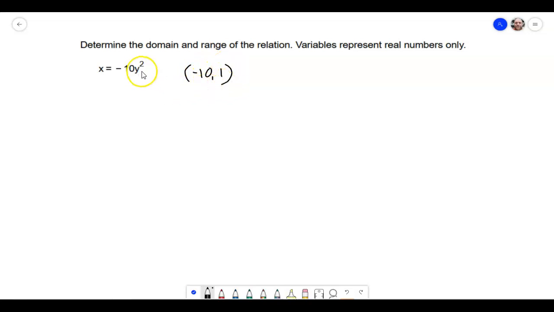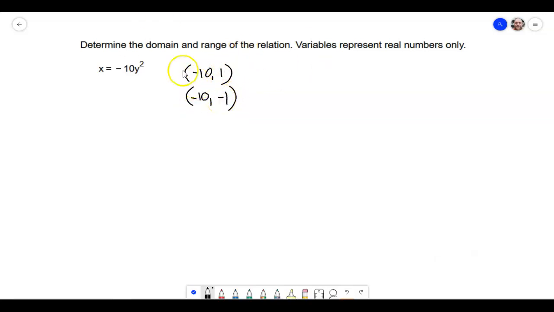And if I put in a negative 1 there for y, negative 1 squared is 1. 1 times negative 10 is negative 10. So I will also get a negative 10 for x. So here we have two of the same x values with different y values, and that means it's not a function.